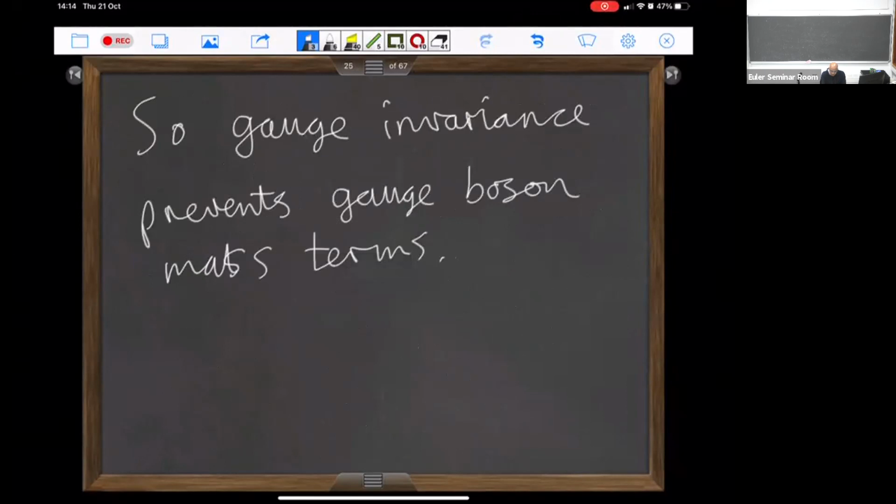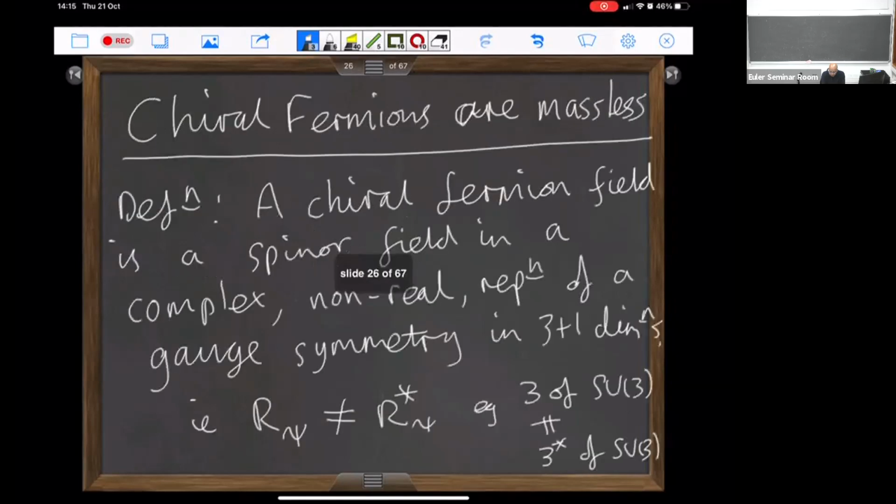So that simple argument demonstrates gauge invariance prevents us from writing down gauge boson mass terms. Similarly, we'll see that the charges of the fermions prevent you from writing down mass terms for the fermions as well.